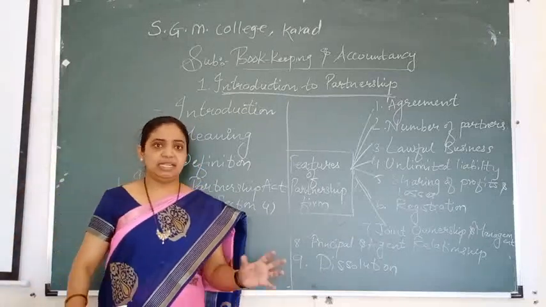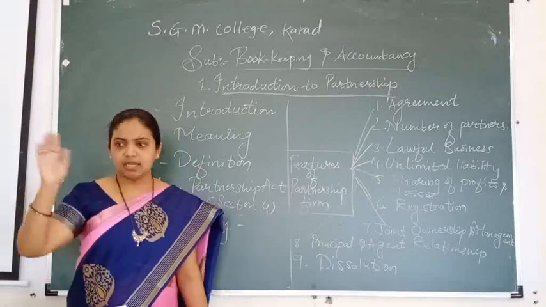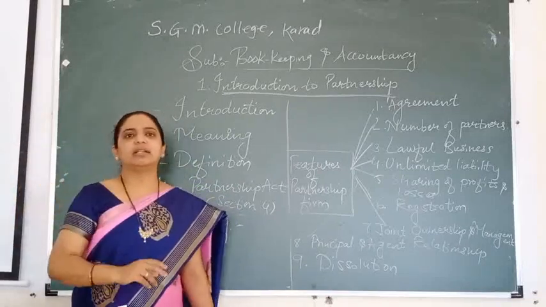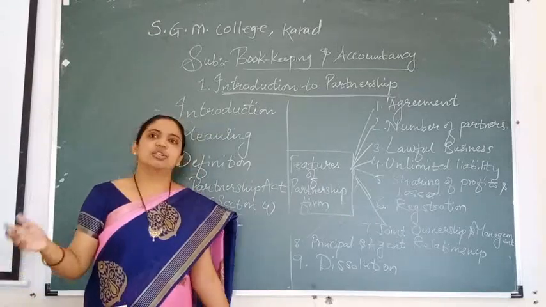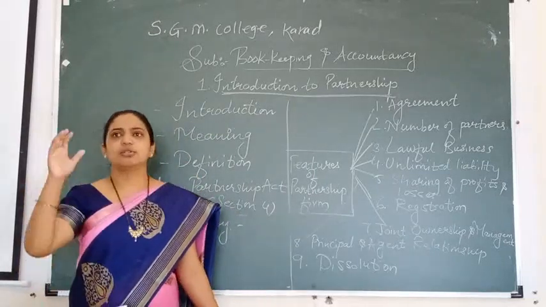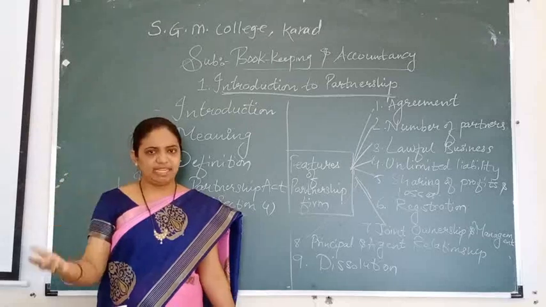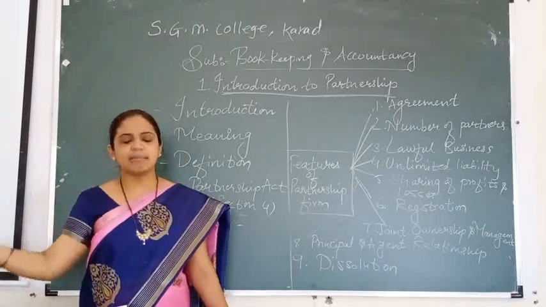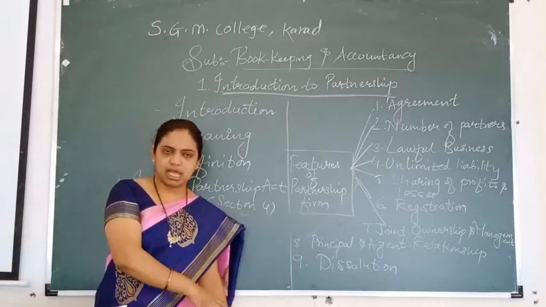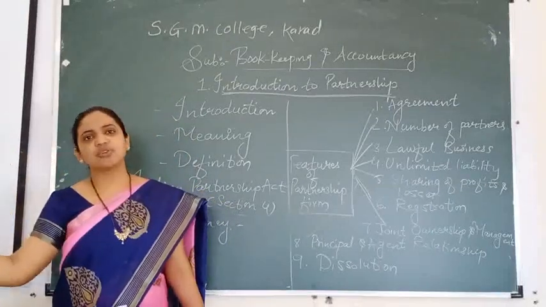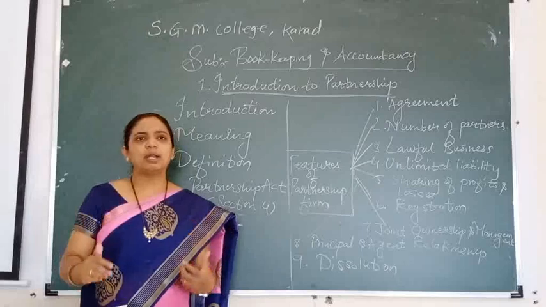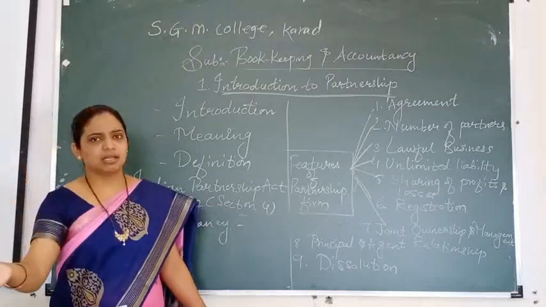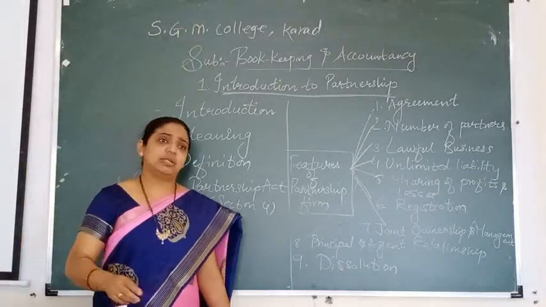Yes, of course, 14 days prior notice can be given by one partner to another partner, and at that time the firm can be dissolved. So dissolution occurs in many ways: retirement, death, insolvency, or a 14 day notice.